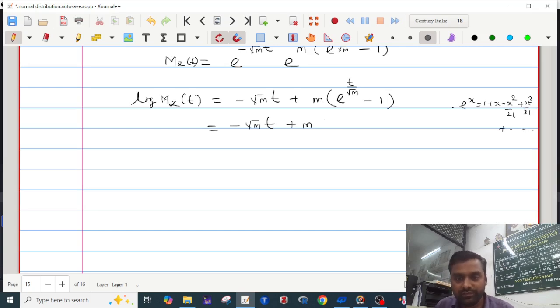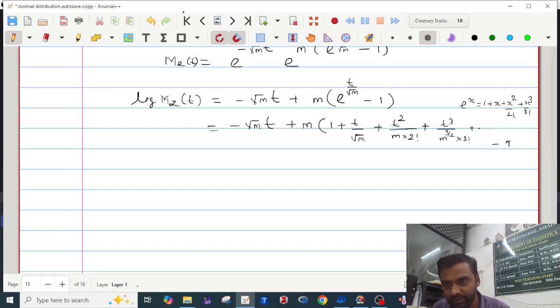So use this series here: 1 plus x, where x is t upon root m, plus t square upon 2 factorial, plus t cube upon m raised to 3 by 2 into 3 factorial, and so on. At last there is minus 1, so this 1 minus 1 gets cancelled.